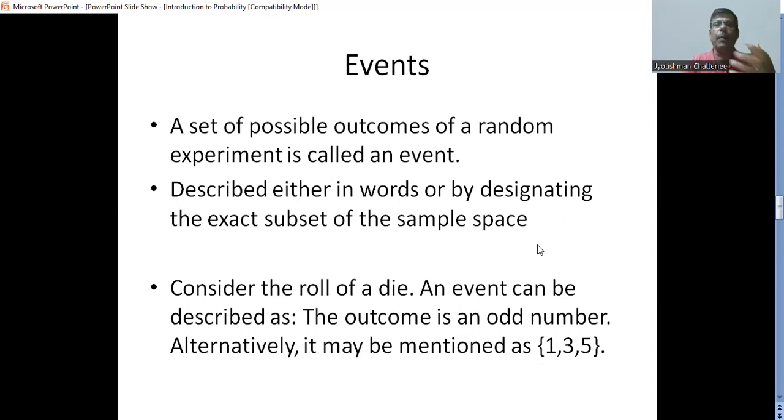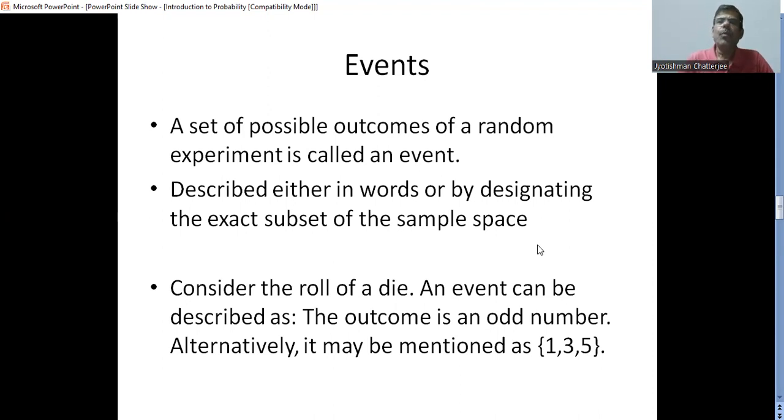Any set of possible outcomes is an event. So in other words, any subset of the sample space is an event. Now, events may either be described in terms of words, or we may designate the exact event by mentioning the subset.